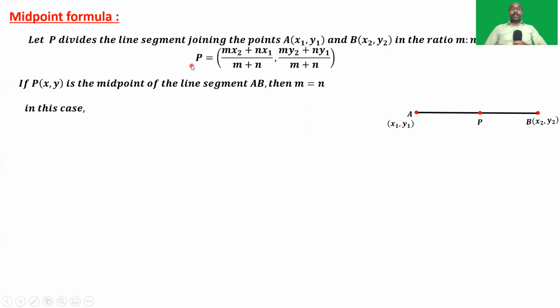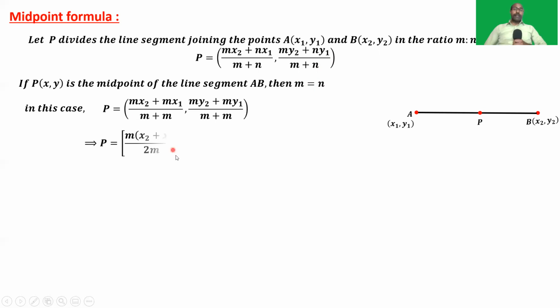In this case, the section formula changes into mx2 plus mx1 by m plus m, my2 plus my1 by m plus m. That is, we are writing m in place of n. So by taking m common and simplifying, we get P is equal to m into x2 plus x1 by 2m and m into y2 plus y1 by 2m.